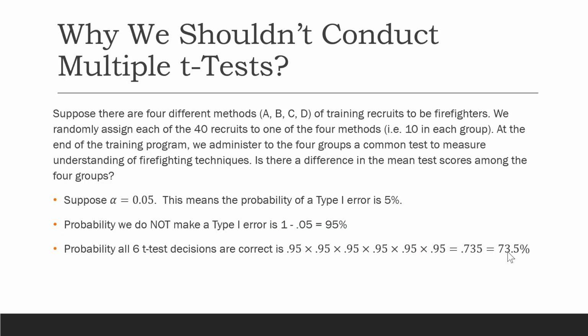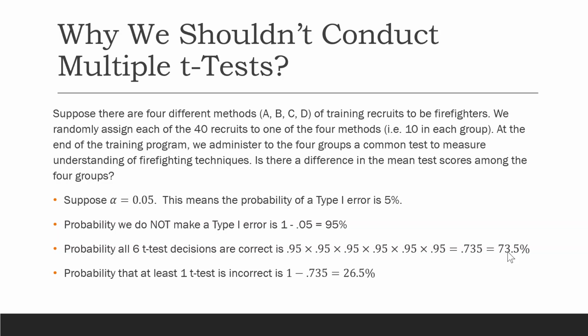And so if I wanted to now adjust my type 1 error and calculate the probability that at least one of those tests is incorrect, well, there's another rule in probability that says, if I know the probability of something happening is a value, I can just subtract that probability from 1 and it'll give me the probability of that thing not happening.